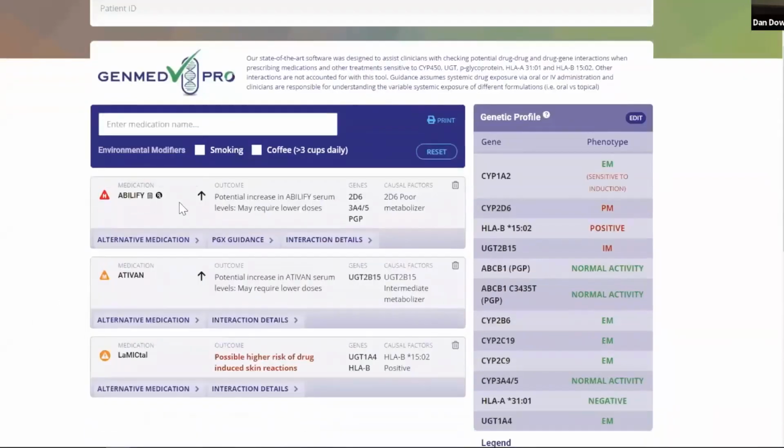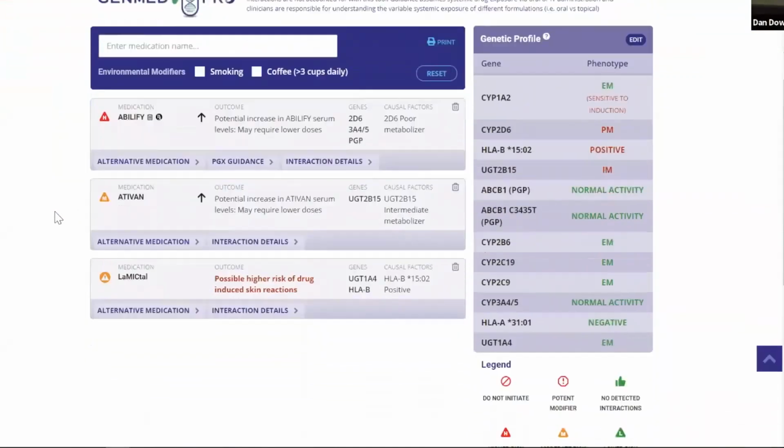First thing you see is this arrow right here, and the arrow is a prediction of exposure. Do we expect higher, lower, or standard blood levels for this person? Well, this person, we expect higher blood levels. The icons that you see here stratify this into high, moderate, or low risk.